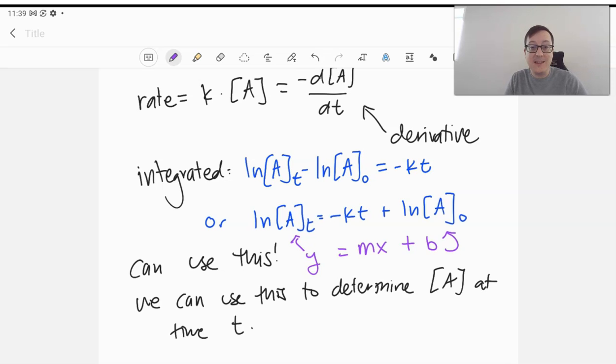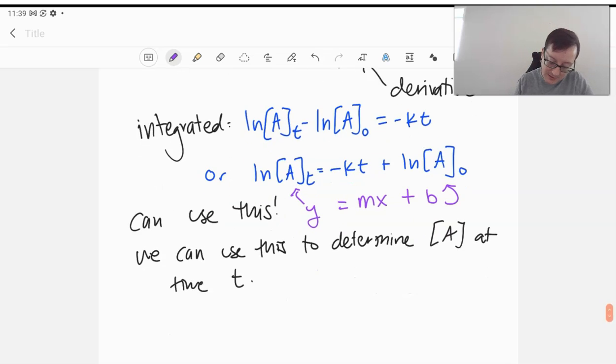And if we do so, we see that we have a slope and our time constant, which is our x value here. So when we're looking at a graph of this, our rate constant is in fact just the negative slope. So that's something to note here.